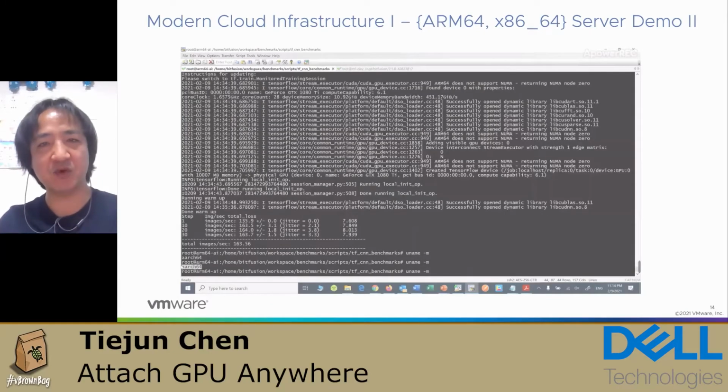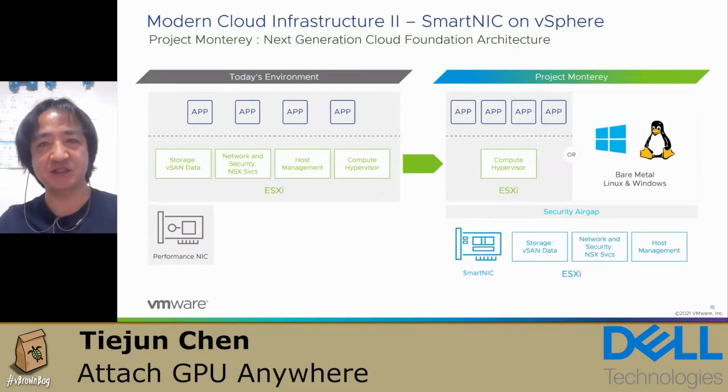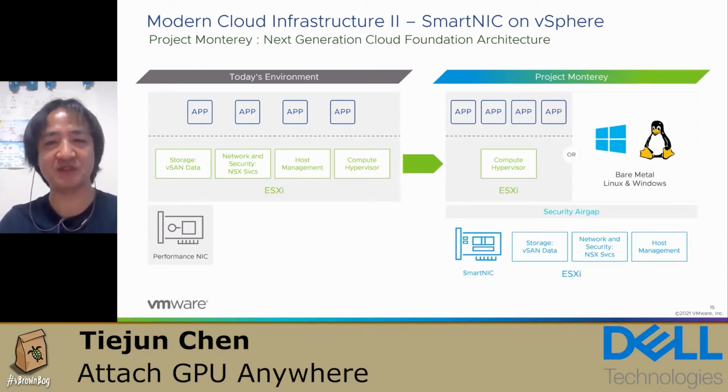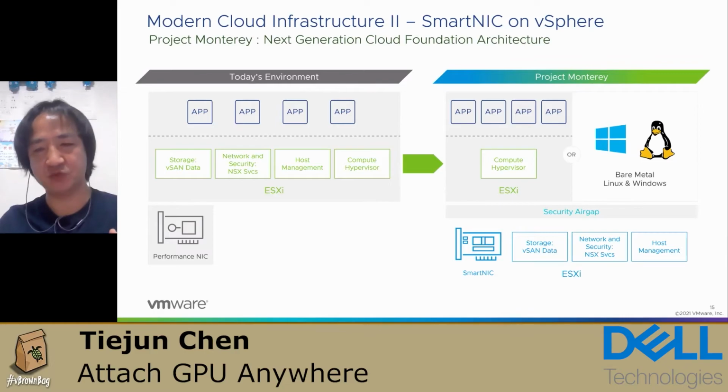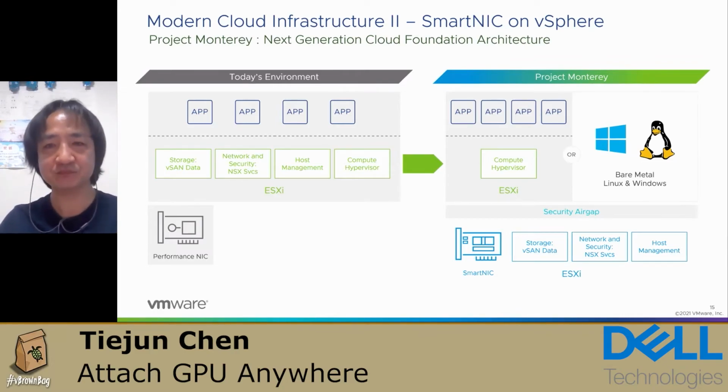Next part, I want to talk about one specific thing about that SmartNIC. Here, I don't want to talk more on SmartNIC or our project module. You can get more information from other sessions. Okay.